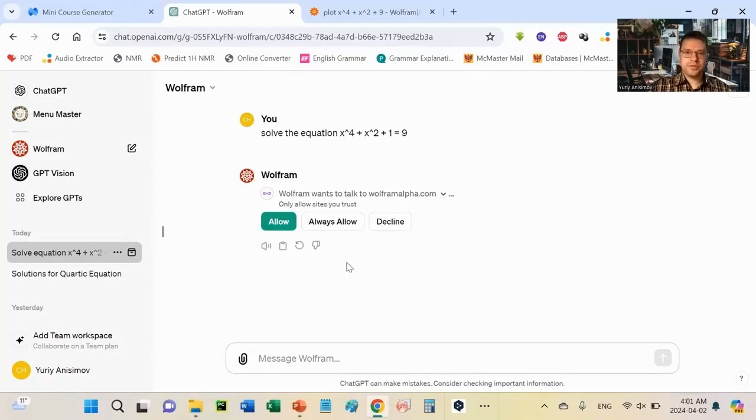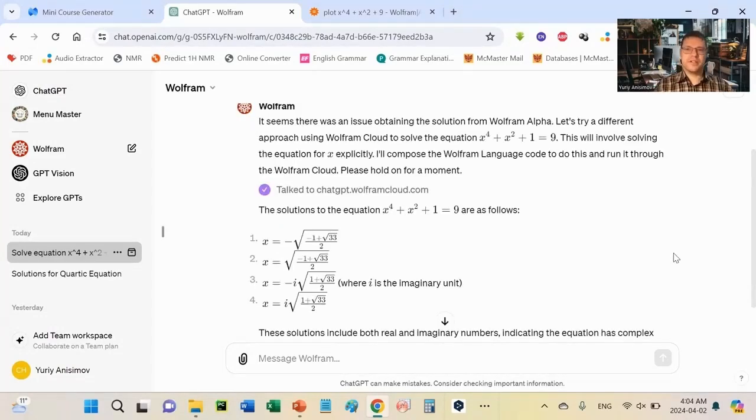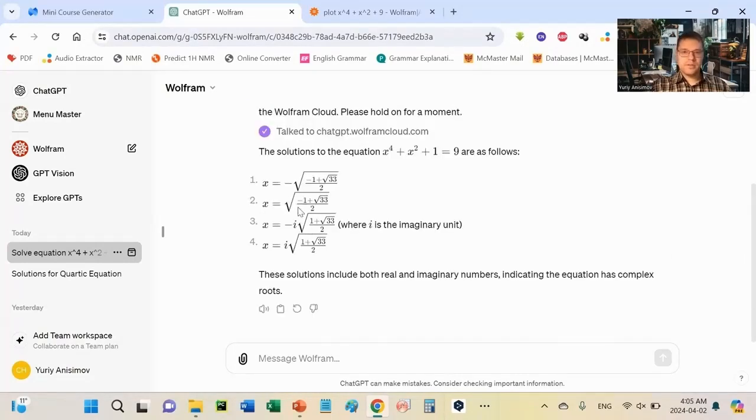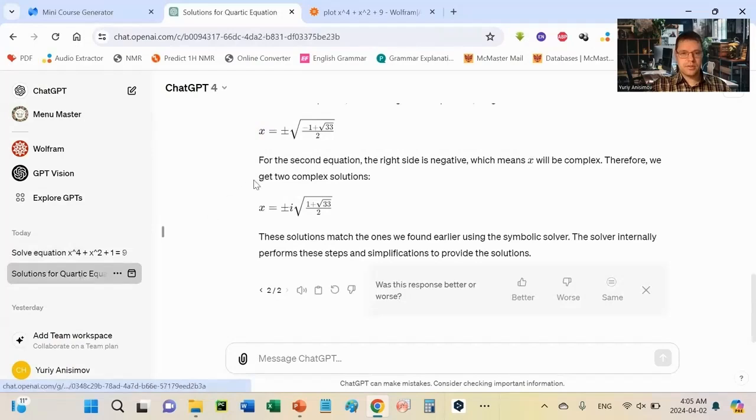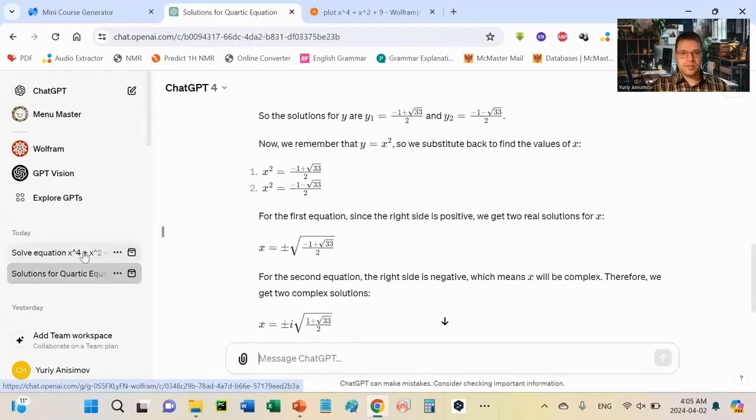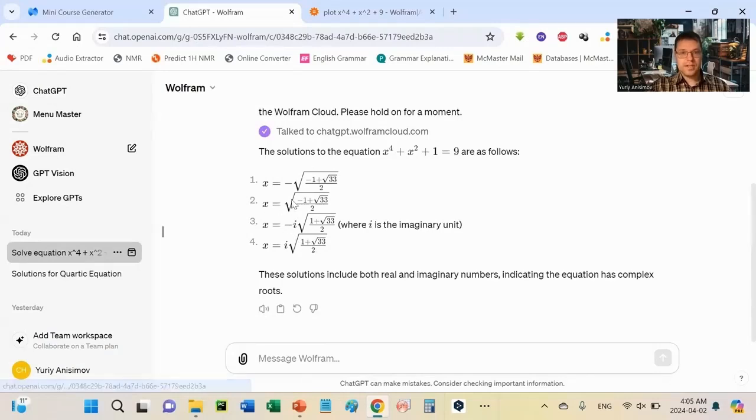Wolfram asks your permission to talk to wolframalpha.com. Allow. Okay, so there was a little interruption because ChatGPT is a bit unstable due to overload. And look, the answers are the same. If we compare it to this solution, negative 1 plus square root of 33 over 2, and this one, yes. And there are 4 solutions, 2 real solutions and 2 imaginary solutions. So finally, we ensured that Wolfram Assistant and GPT-4 yielded the same answer.